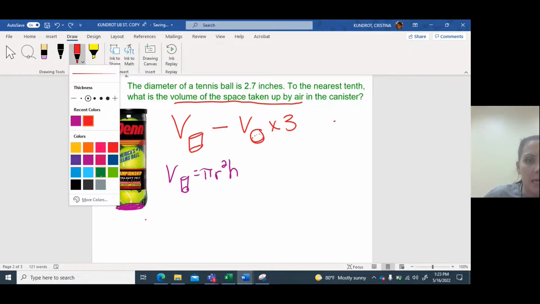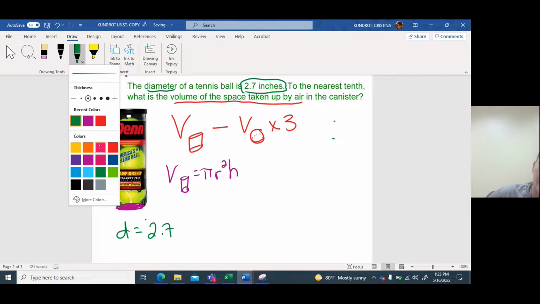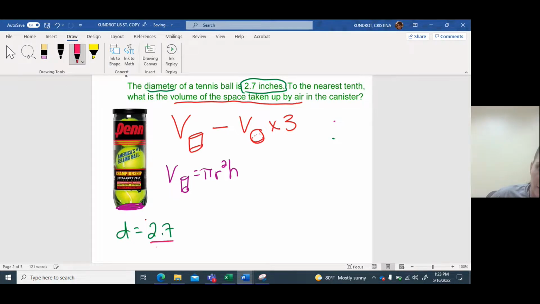So the information they gave us is that the diameter of a tennis ball is 2.7 inches. Well, if we look in our formula, it isn't asking for diameter, it wants radius. So if the diameter is equal to 2.7, to find the radius, all that we need to do is divide that by 2.